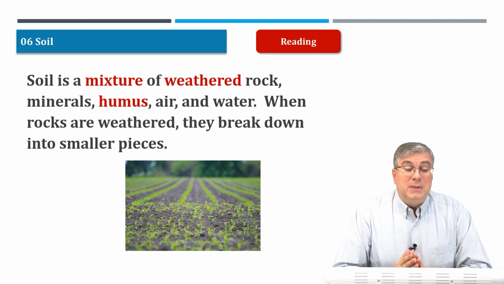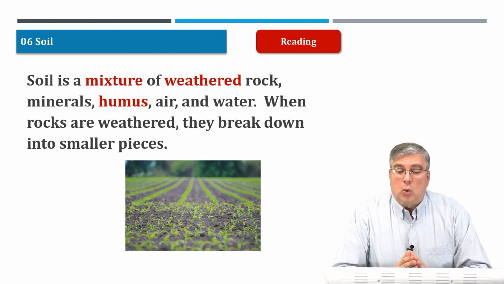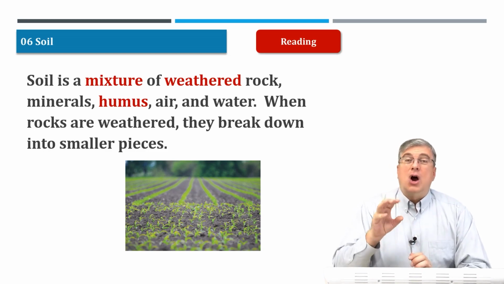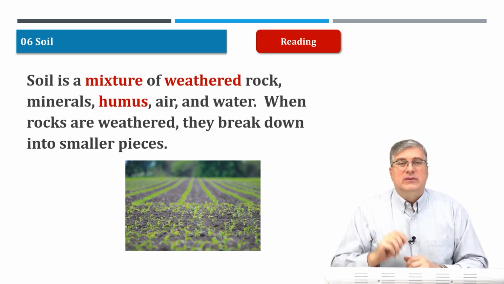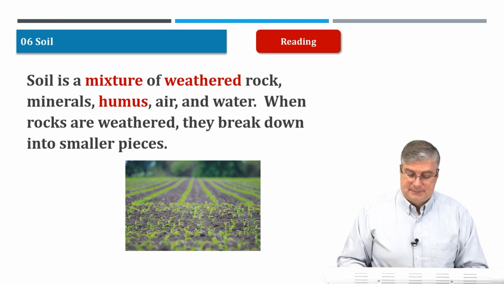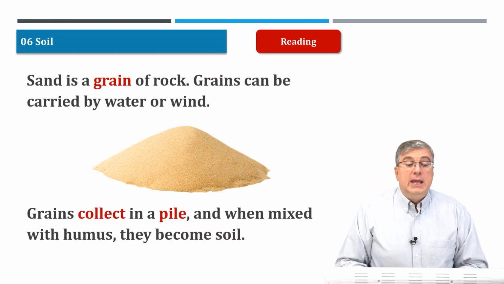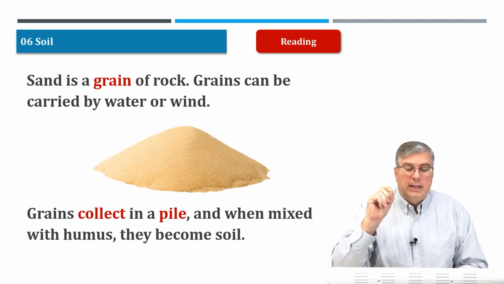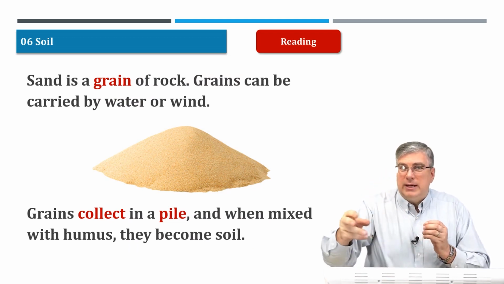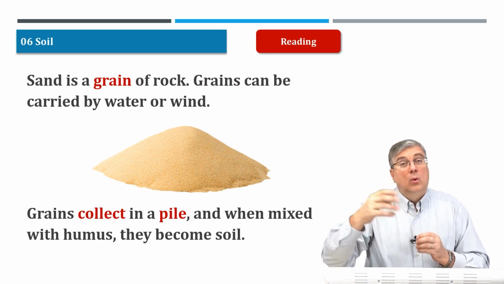Soil is a mixture of weathered rock, minerals, humus, air, and water. When rocks are weathered, they break down into smaller pieces. Sand is a grain of rock. Grains can be carried by water or wind.